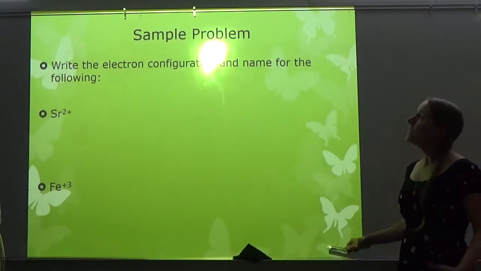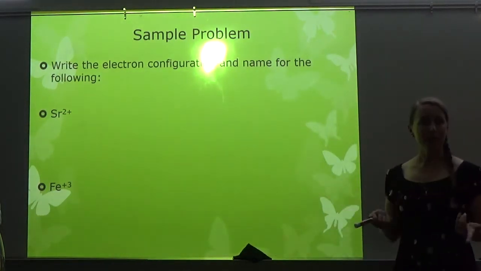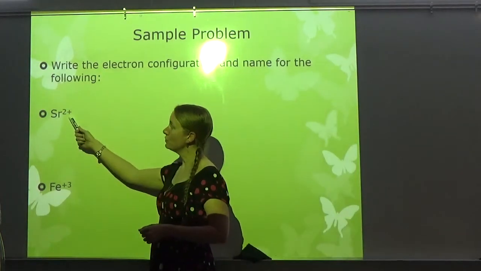All right, so now we're going to write the electron configuration and name of the following ions. Here we have Sr, which is strontium, with a positive 2 charge.